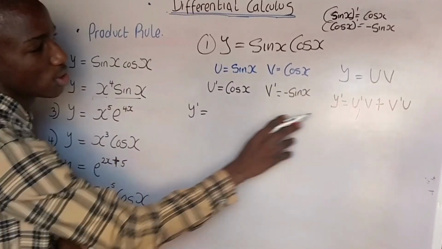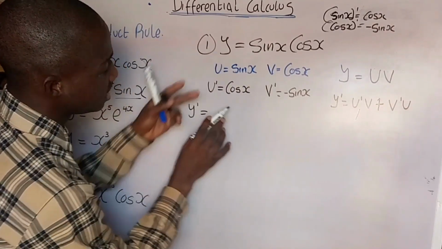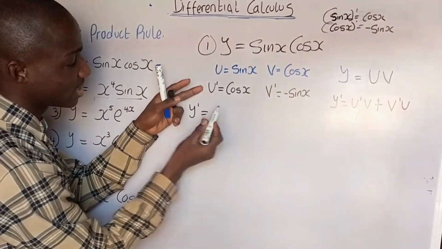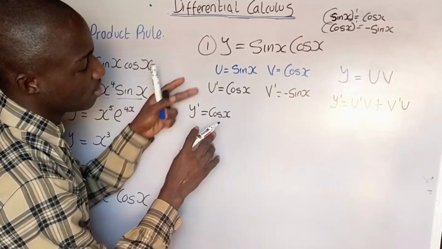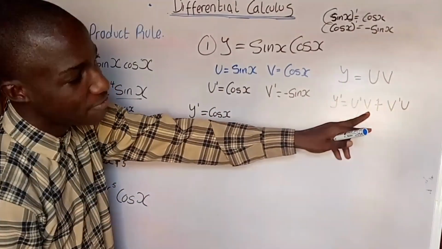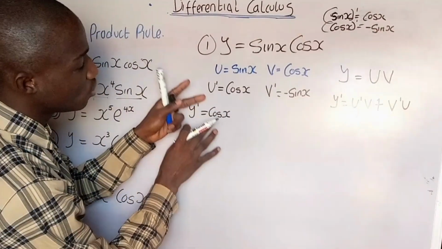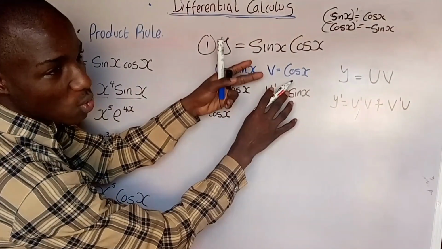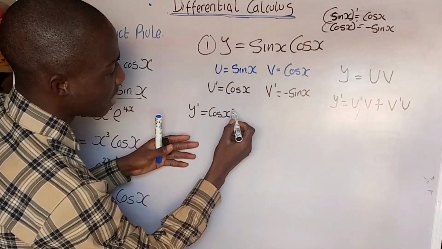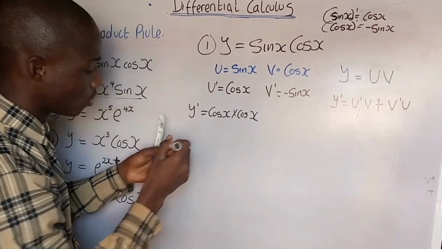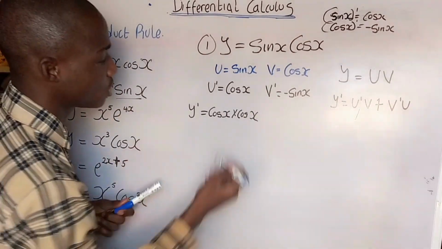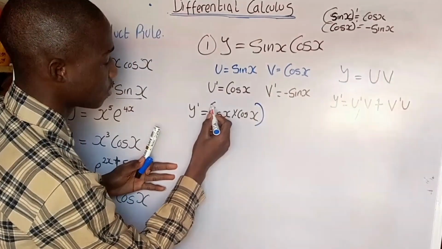So I'm going to get the derivative of y is equal to, don't forget, the derivative of u. The derivative of u is what? Cos x. So I'm going to have cos x in here, multiplied by v. V is equal to cos x also. So I'm going to have multiplied by cos x. Let me put brackets so that you will not mix things up.